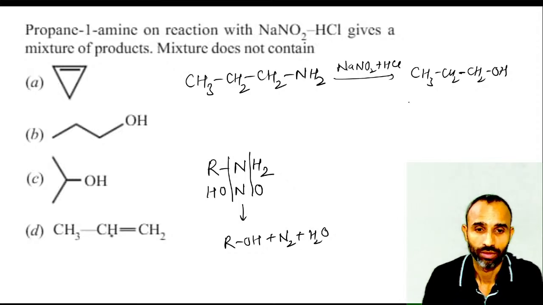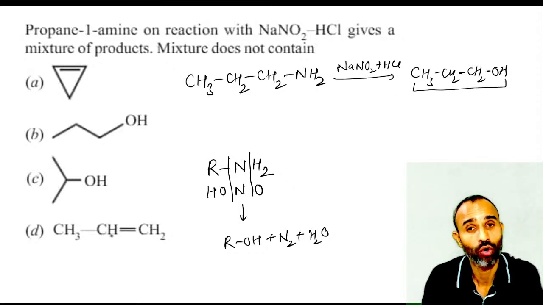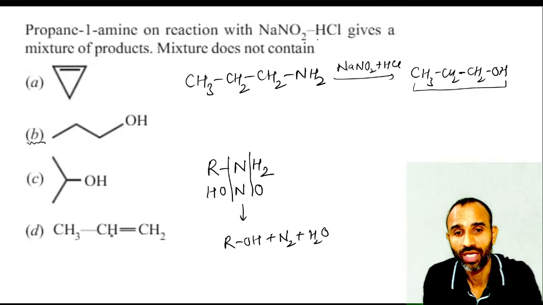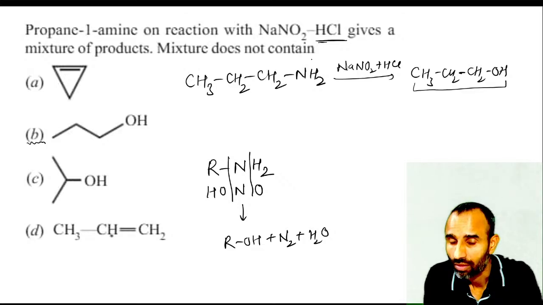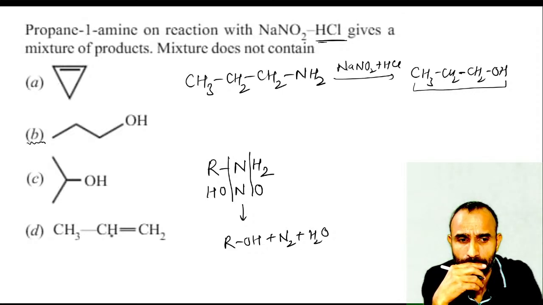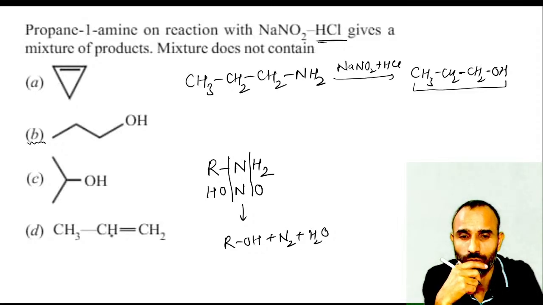Okay, this one is the obvious product. Yes, that's what, if HCl is in excess. C can be formed, because it is NaNO2 HCl aqueous solution.